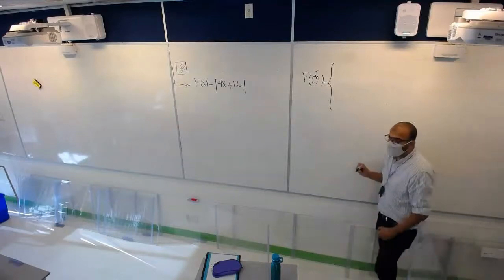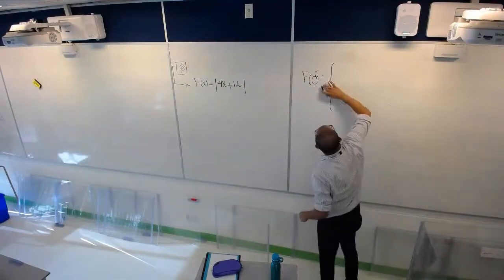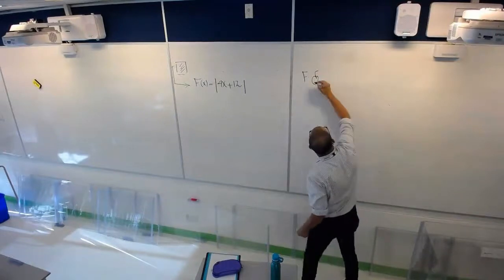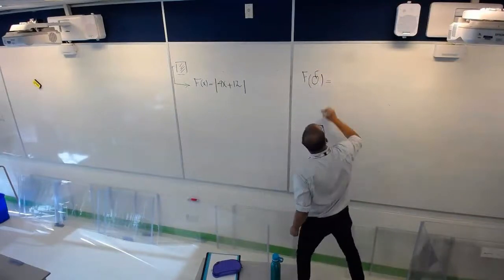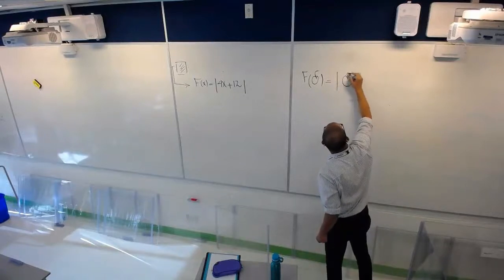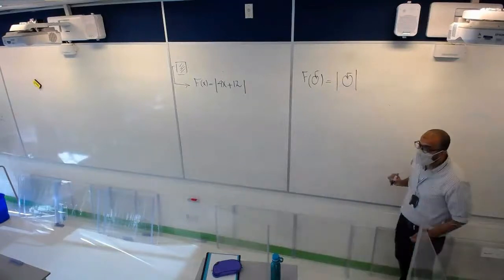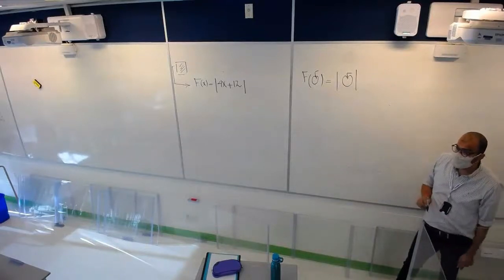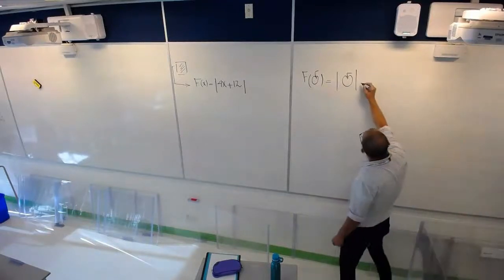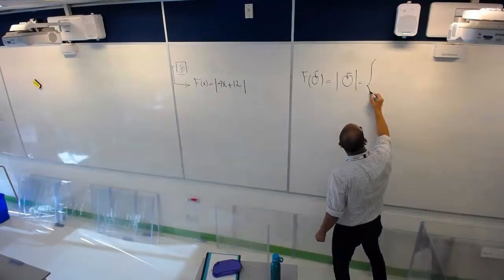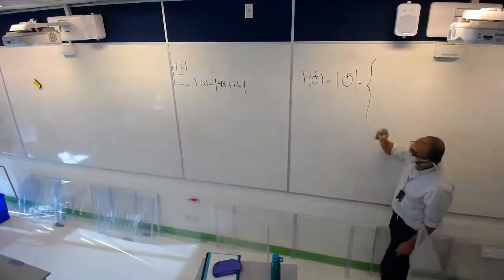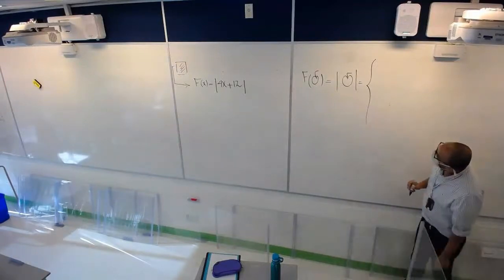If you have a function like this, f of x, f of apple, it gives you something like that. You put the apple inside 2 parallel lines. They call that the absolute value function. But what does it mean? It means that you have 2 chances, 2 options. Whenever you see this, you have to look at this.